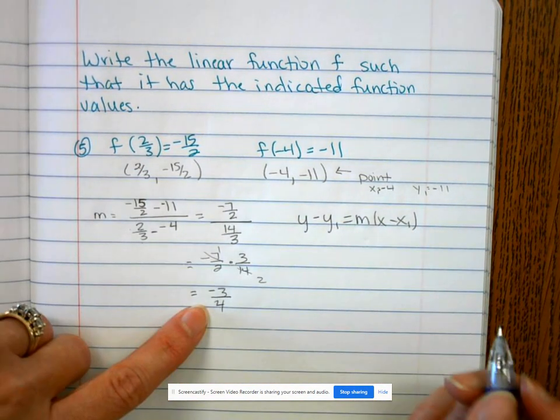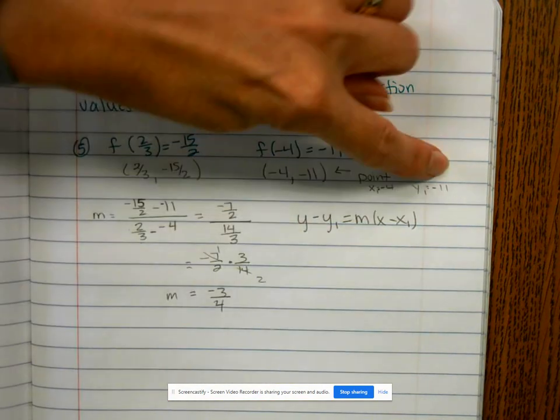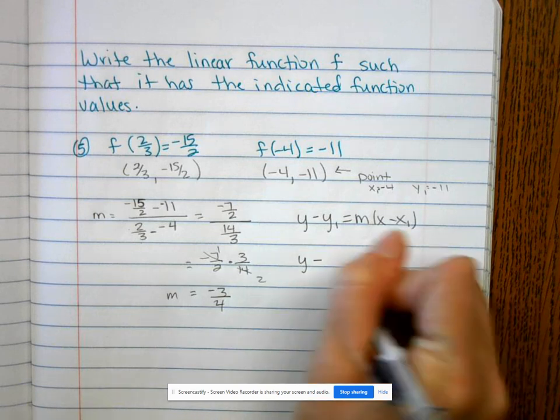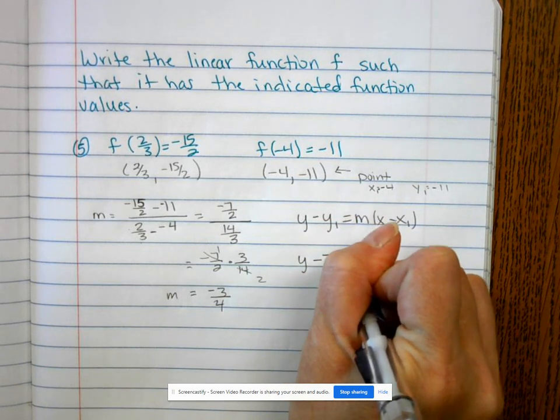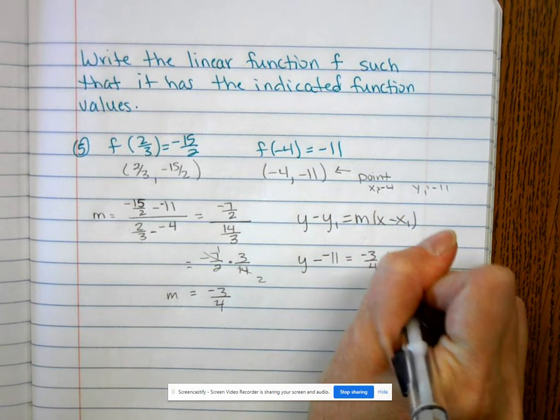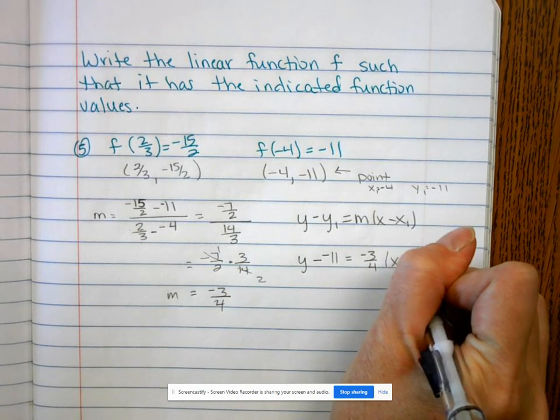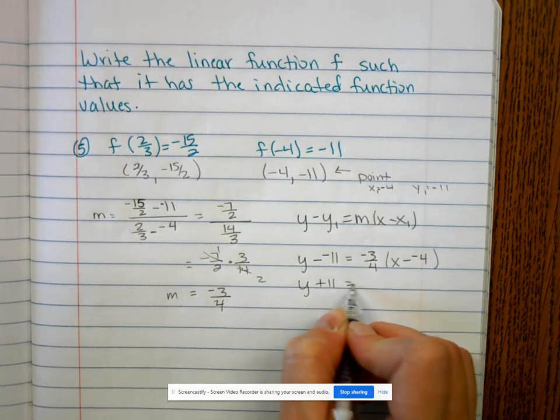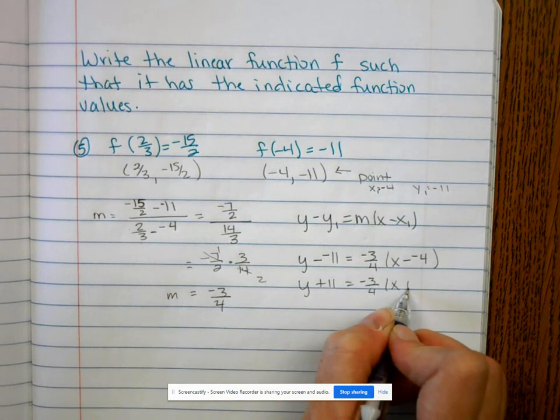I have my m, my x1 and my y1, so I can plug in. So we have y minus -11 equals -3/4, and then x minus -4. So this is y plus 11 equals -3/4 times x plus 4.